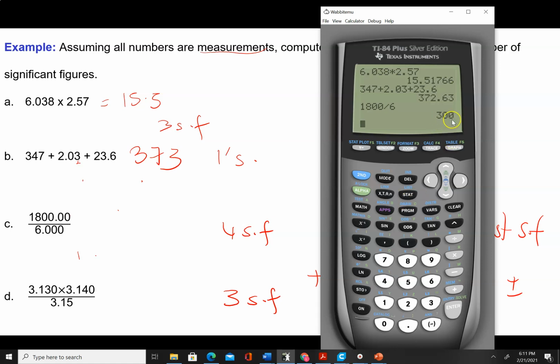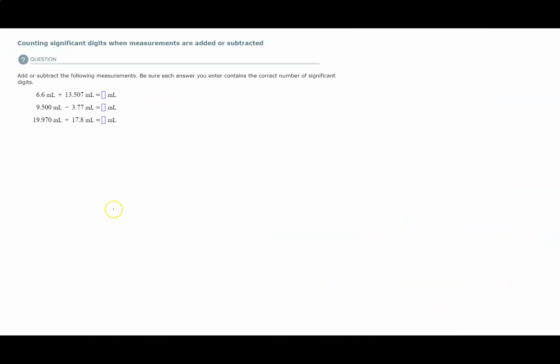Well, even if I put a decimal point on the end, so that the 2 trailing zeros there count, it's still not going to work, right? That's only going to give me 3 significant figures. So what I got to do is put another 0 on the end there. And you see 300.0.